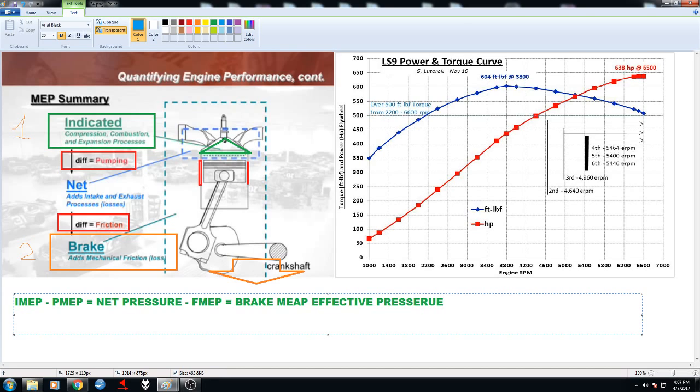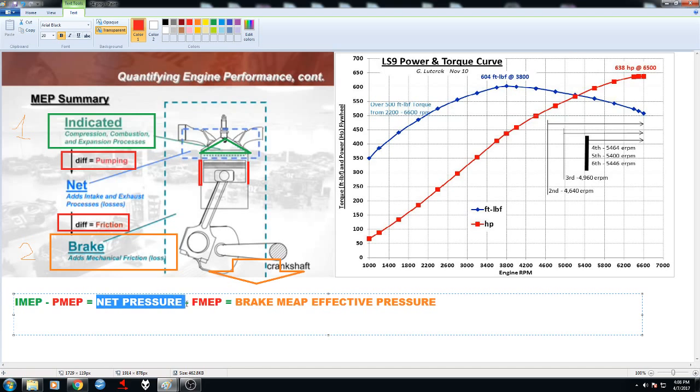Sure, I misspelled that one. Forgive me. Now, that's the guy that we'll be running. And indicated mean effective pressures is another guy that we might be running.